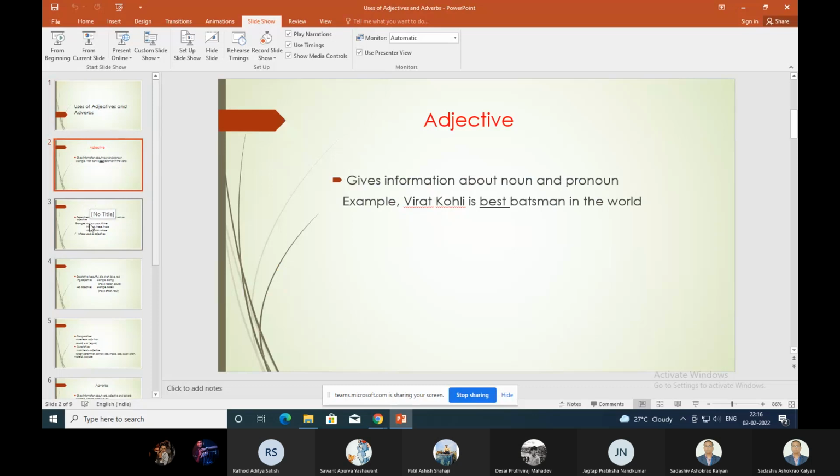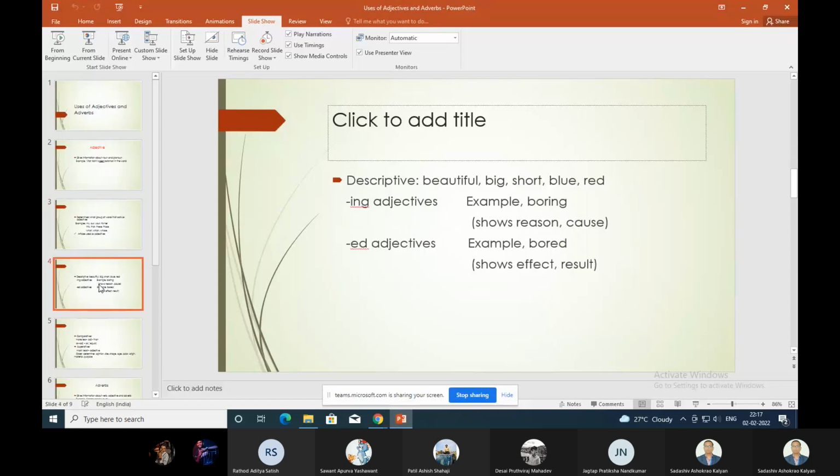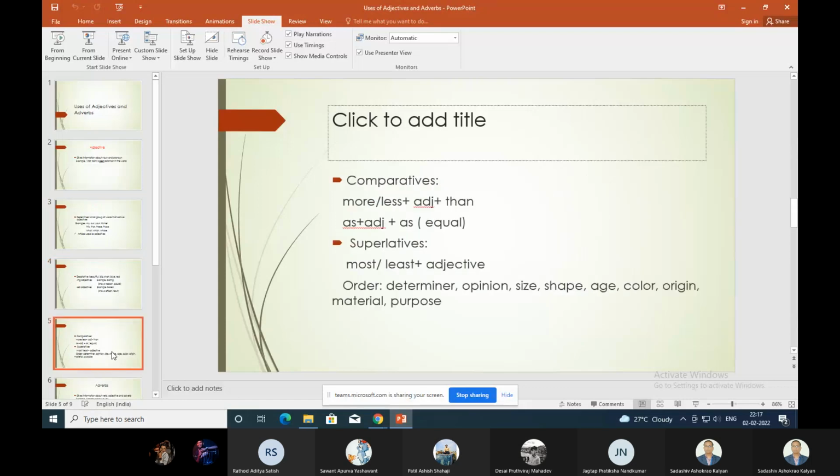Then various kinds of determiners like this, that, these, those, what, which, whose, my, our are considered determiners, and also the articles which we are using here, a and the, which are also called adjectives. Then we use descriptive adjectives like -ing and -ed adjectives, which are also considered adjectives in the given sentences.